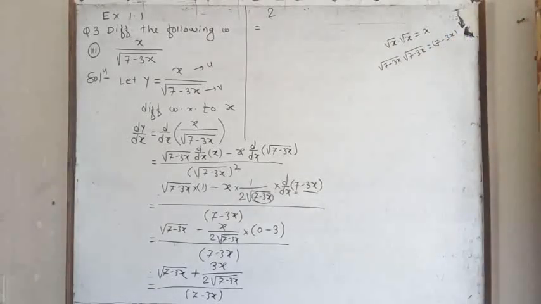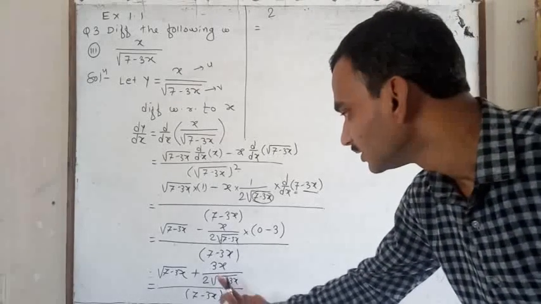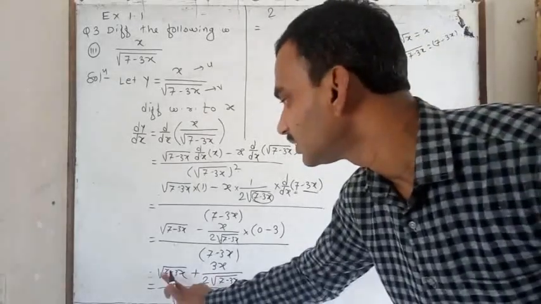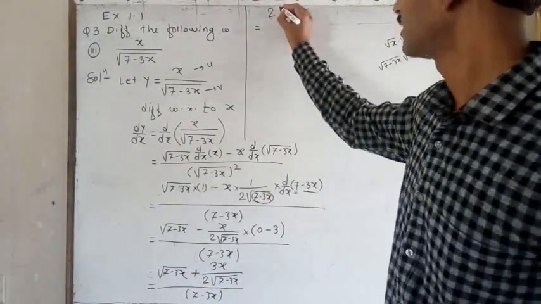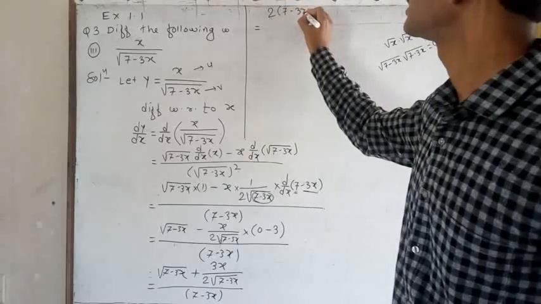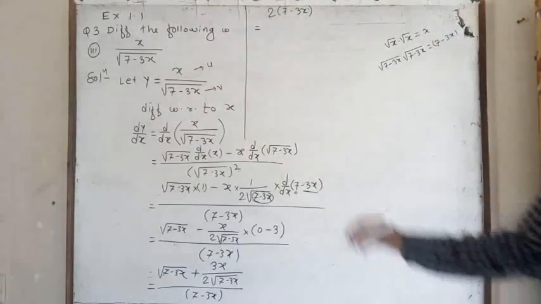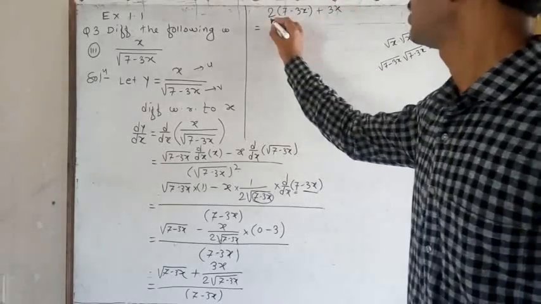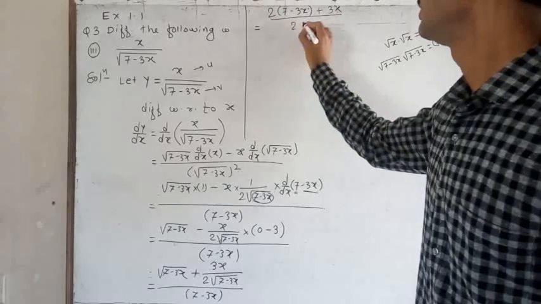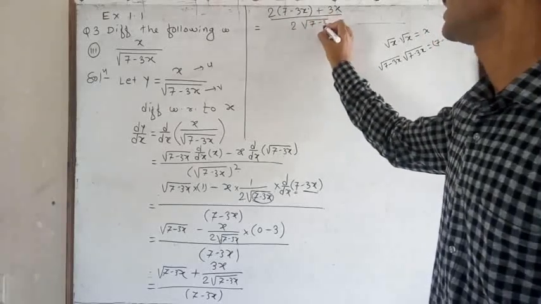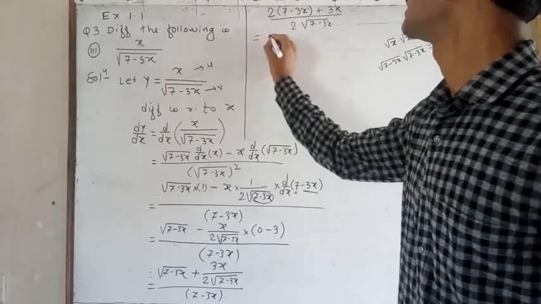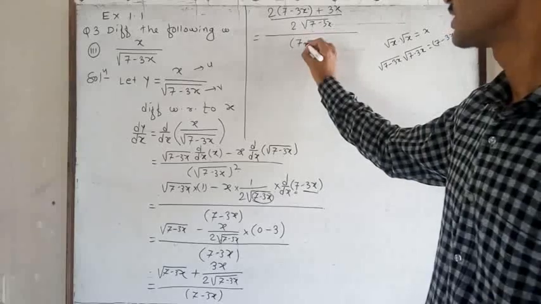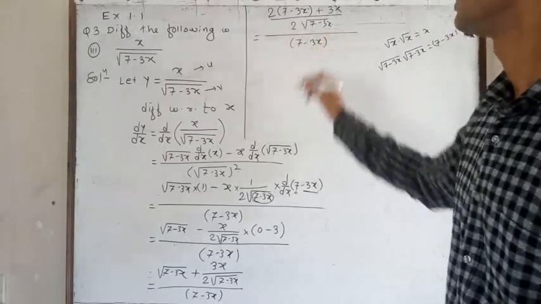This denominator is multiplied with the term. We get 7 minus 3x plus 3x upon 2 into under root 7 minus 3x, and the denominator is 7 minus 3x.